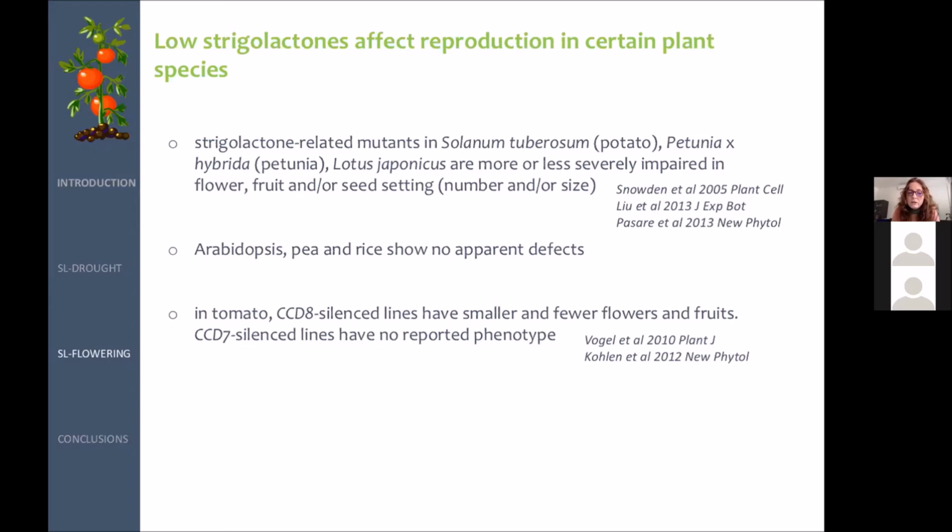Our line had no reported phenotype, but we knew from handling them that whenever we wanted to reproduce them and we were not controlling properly all conditions, especially water, then they would have big trouble. So we decided that we should investigate a bit more what the effects specifically of strigolactones are on reproduction in tomato, because this is so relevant for agronomic water use efficiency and yield in general.